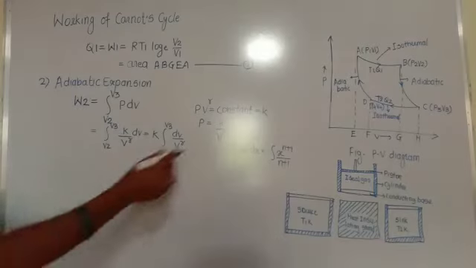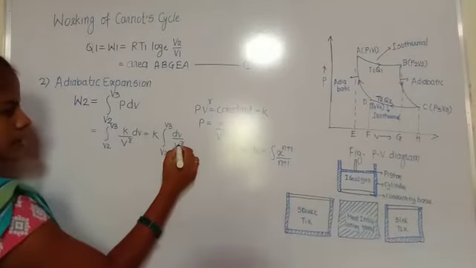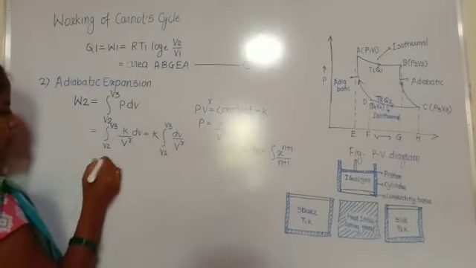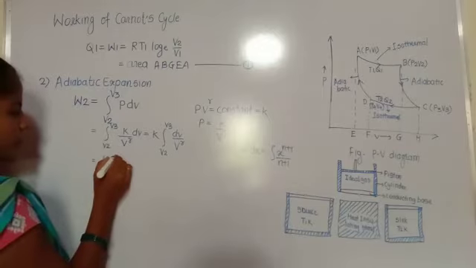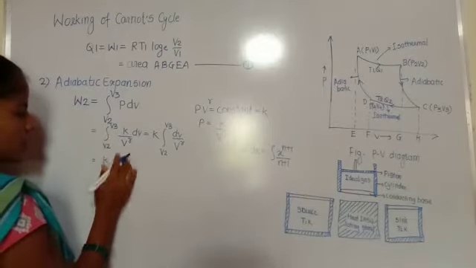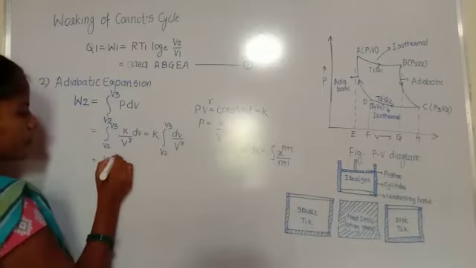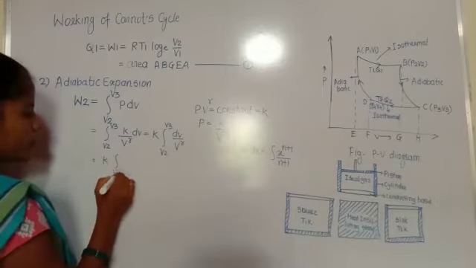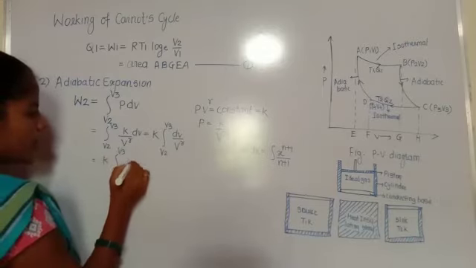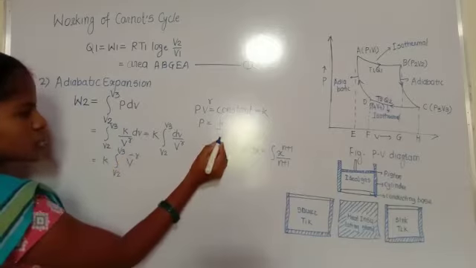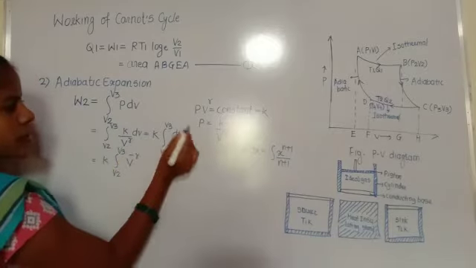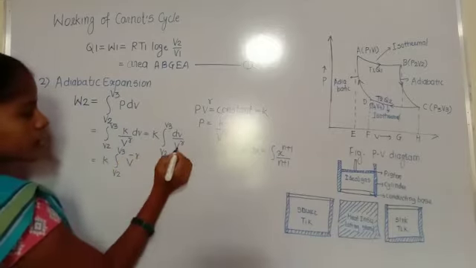Okay, so by using this formula we can calculate this. V to the power gamma is equal to, that is the k integration. We write here v2 to v3 and v to the power minus gamma, because the numerator converted into denominator, denominator converted into numerator.